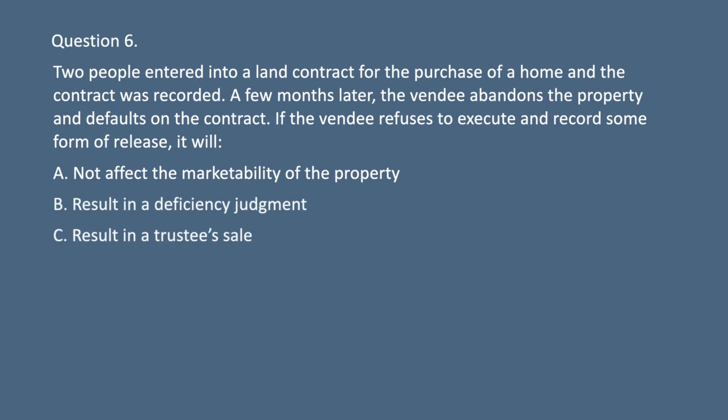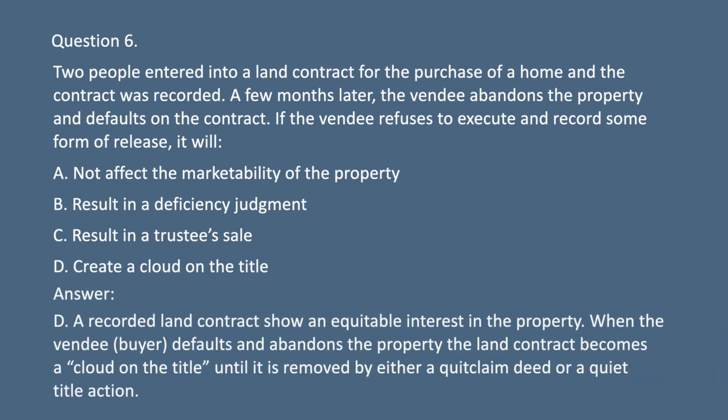C. Result in a trustee's sale. D. Create a cloud on the title. Answer: D. A recorded land contract shows an equitable interest in the property. When the vendee, buyer, defaults and abandons the property, the land contract becomes a cloud on the title until it is removed by either a quitclaim deed or a quiet title action.